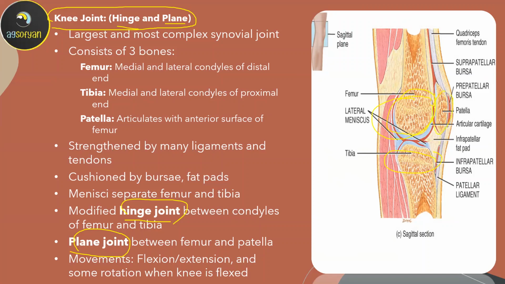You see the flat structure over here. When flexing or extending the knee, there is a rubbing movement between the patella and the femur. So this is a type of gliding joint or planar joint.